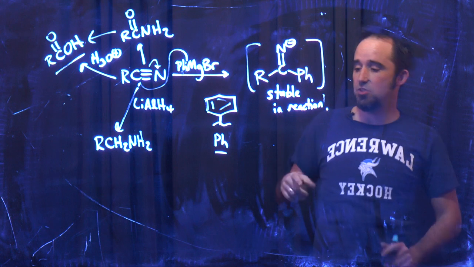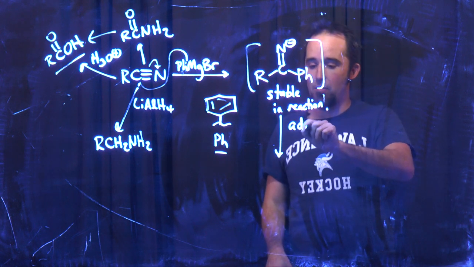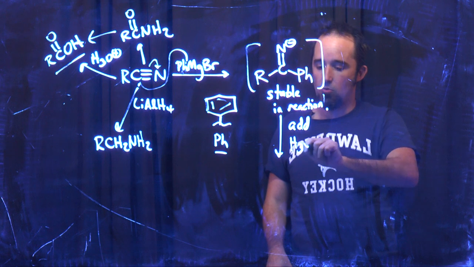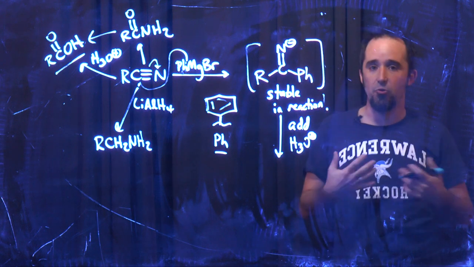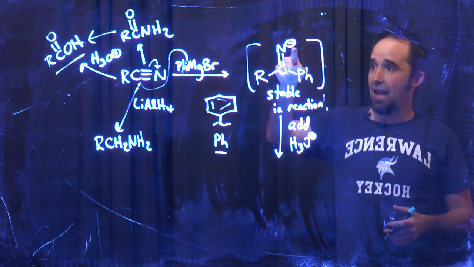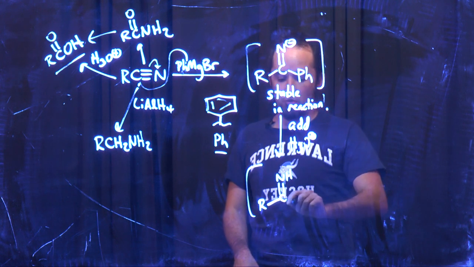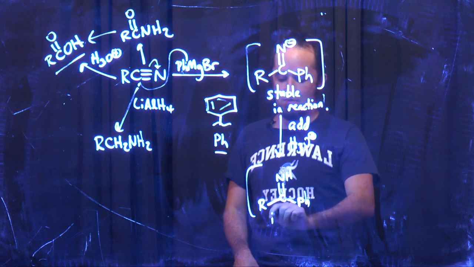And so what will this do? This will stick around until we add some acid to it, right? We talked about the Grignard reaction before. We add acid to work it up to get the alcohol. If you add acid to this, the first thing that you form is that functional group that we just learned about, the imine.